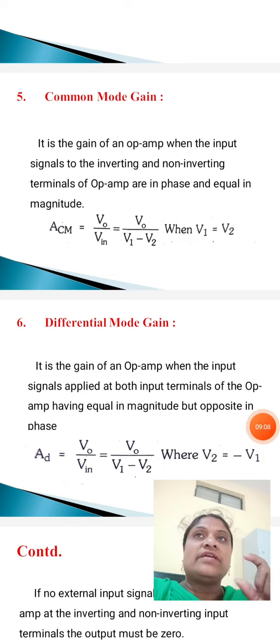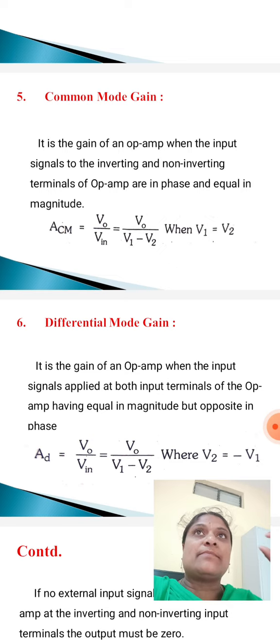V out is the same, V0, but V in is different, because two different signals are applied at the inverting and non-inverting terminals of the differential amplifier. So here V in is equal to V1 minus V2.